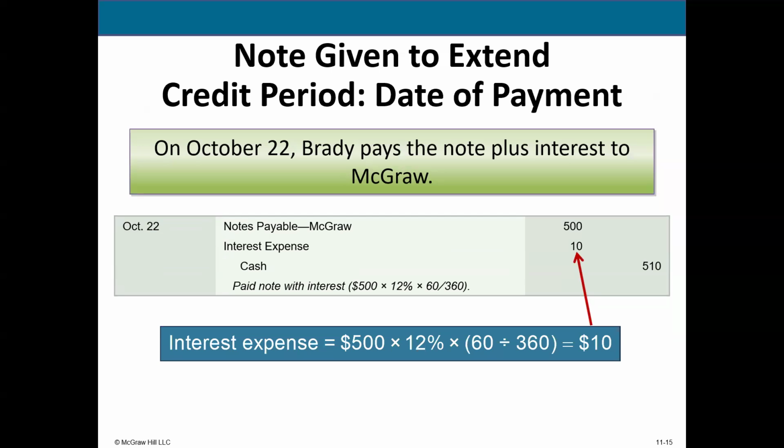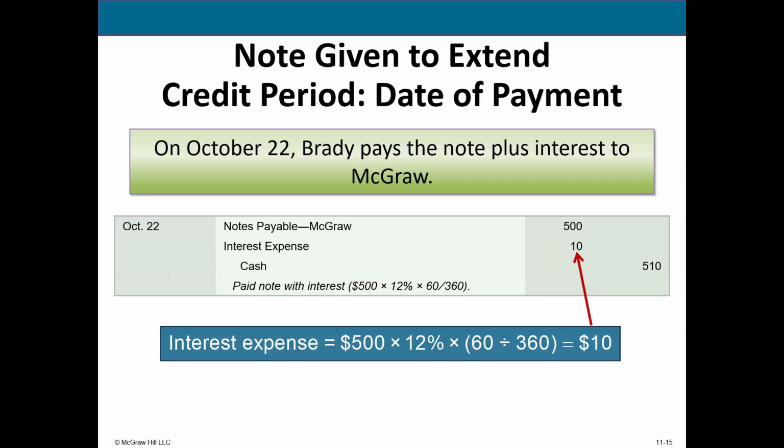Now, here you see down below, this is called the interest expense formula. And it works like this. We take the balance or the principal amount of the loan. We multiply that by the interest rate, and then we multiply that by time.